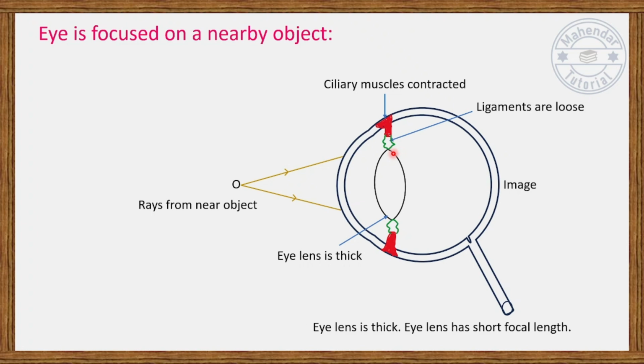Then the eye lens, having flexibility, automatically bulges. Then the eye lens becomes thick and it can form the image on the retina. The eye lens is thick and has a short focal length. When we are looking at close objects, the focal length of the eye lens becomes minimum. So automatically the eye lens changes its focal length.